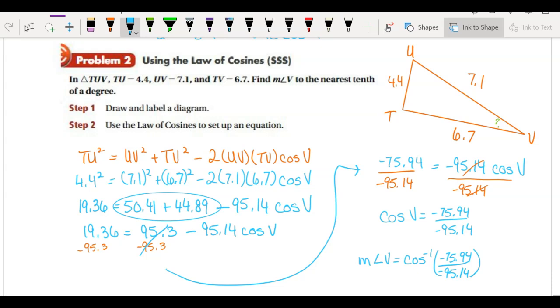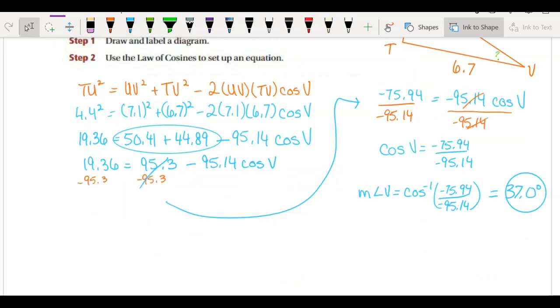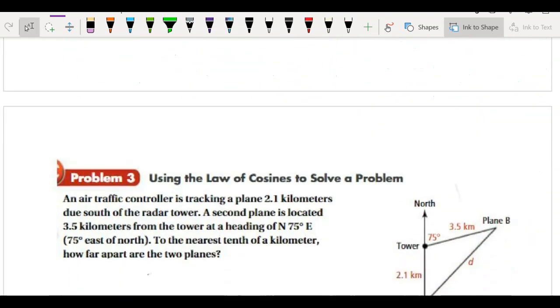So plug that into your calculator. When I plug this all in, I get 37.0 degrees. Okay, let's take a look at the next one.